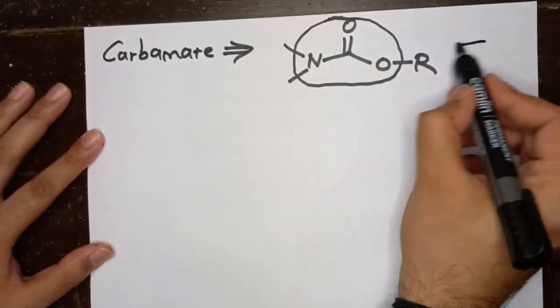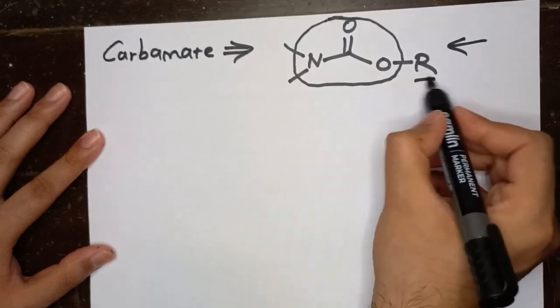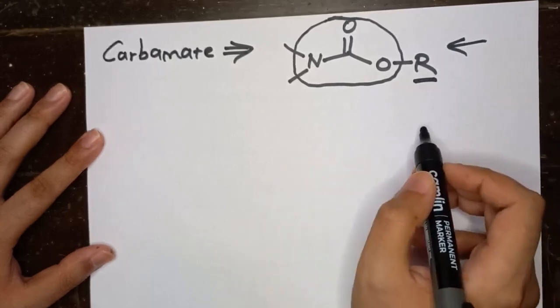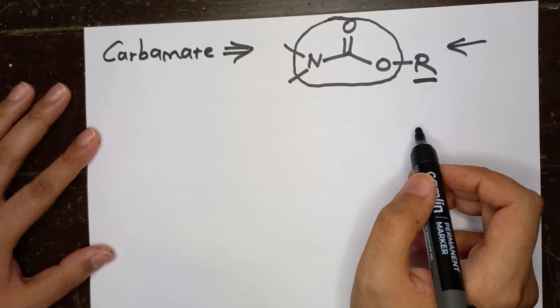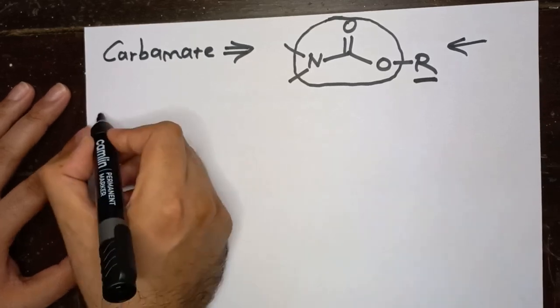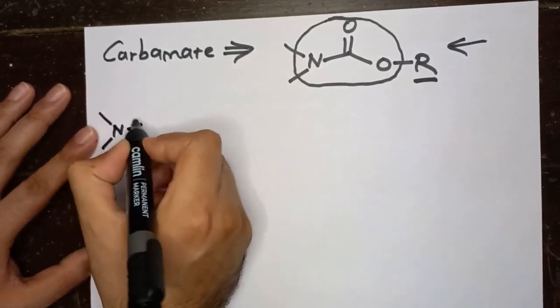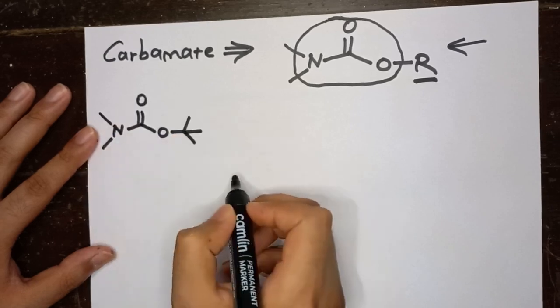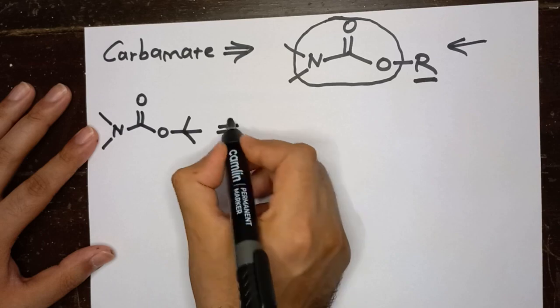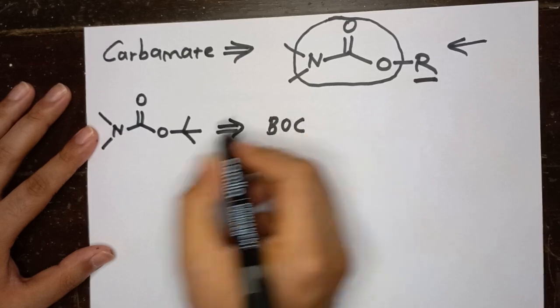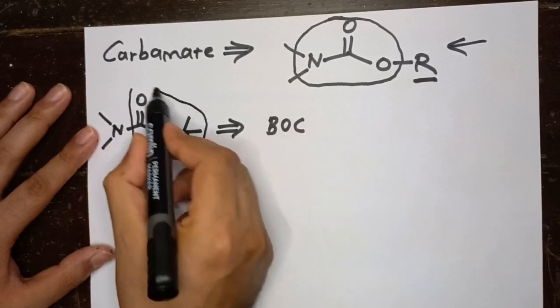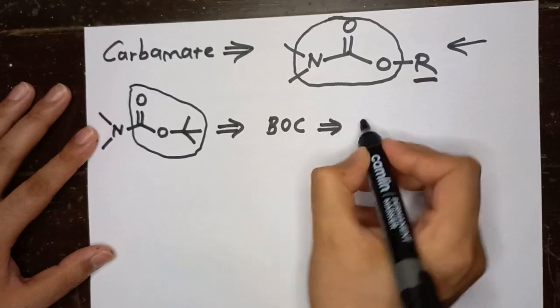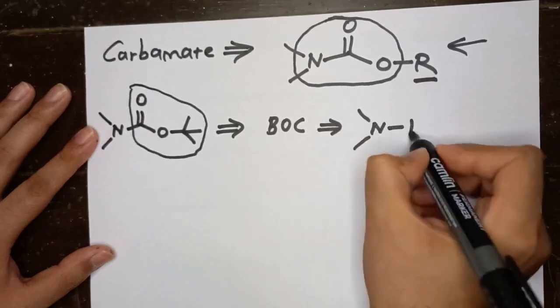Okay, and you need to remember this simply because by changing this R group, we can change the protection strategy for amines. For example, suppose this R group is a tertiary butyl group, then this is what we call BOC protection. This group is called BOC. Okay, so this can be written as N-BOC.